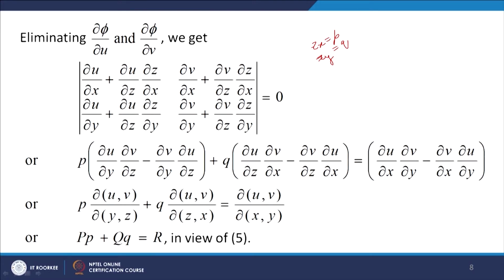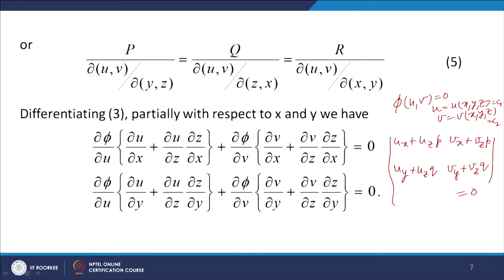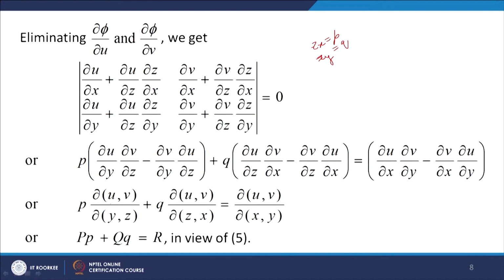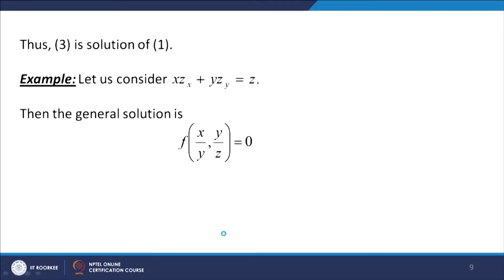And then we can see in view of 5, let us use this equation 4, then what do we notice? This equation will be replaced by Pp plus Qq equal to R in view of 5.